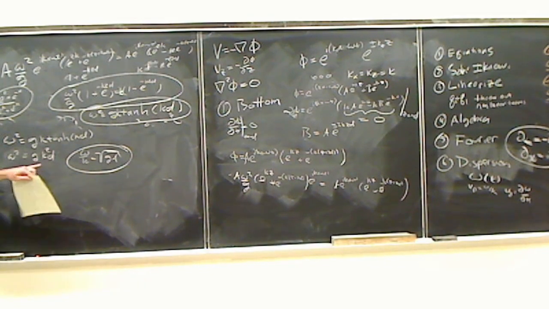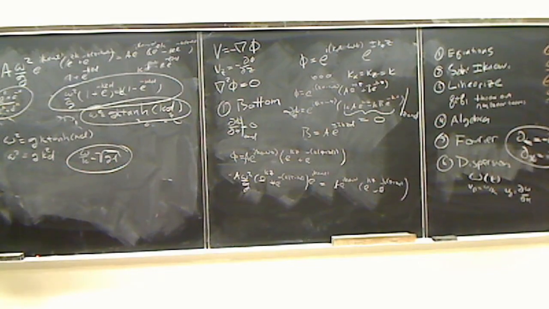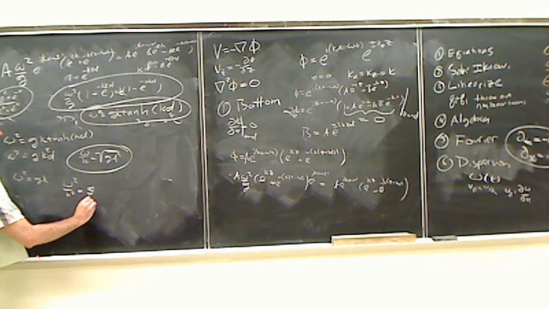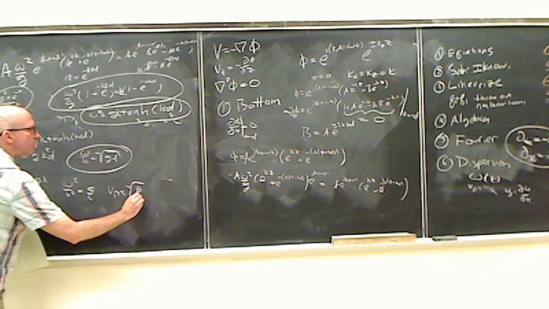Because they can't really see the bottom. But they depend on the bottom, but they're not dispersive. So short waves are non-dispersive, but long waves, when this goes to infinity, then omega squared equals g times k. Now omega squared over k squared equals g over k, and the v phase is equal to the square root of g over k.